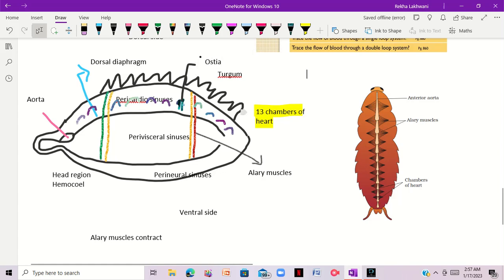Ostia is the opening of the chamber of the heart.